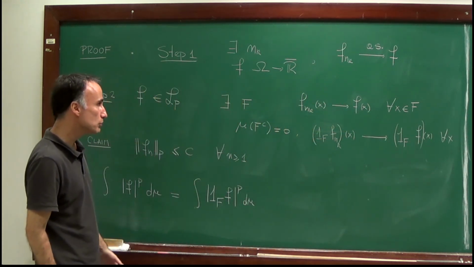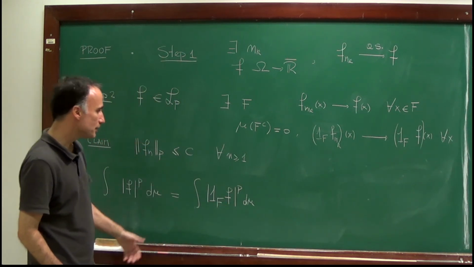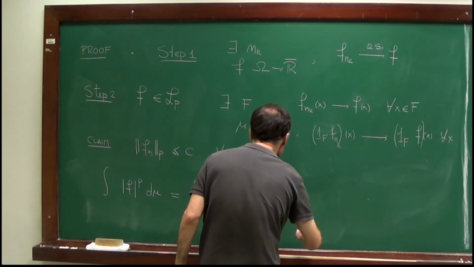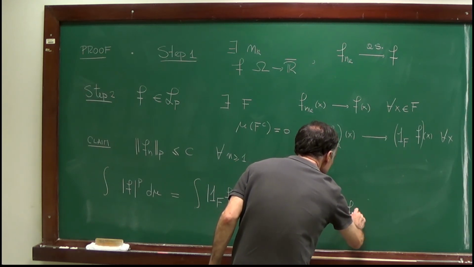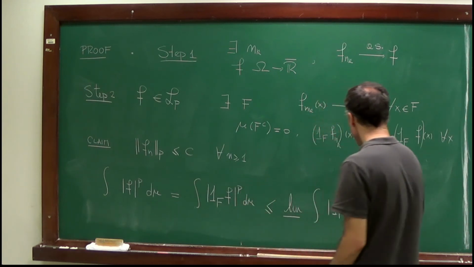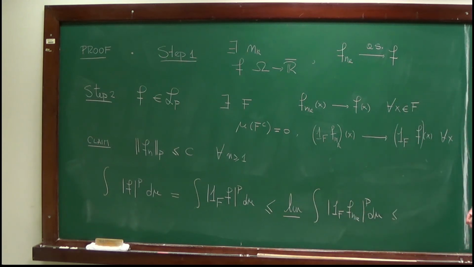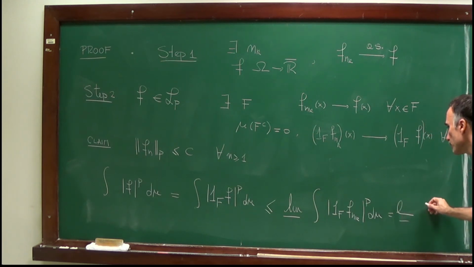I can apply Fatou. So Fatou tells me that the integral of the limit is bounded by the limit inferior of the integrals. But here again, I can just remove the set because the complement has measure 0, so this is in fact equal to the limit inferior of the integral of f_nk to the power p d mu.